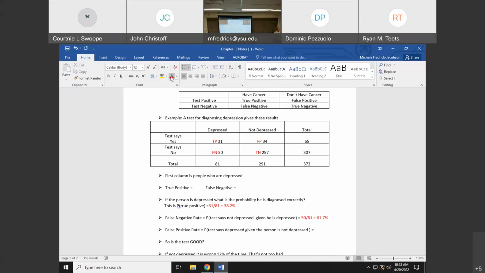Any questions on that? Go ahead and find the false positive rate and the, wait, which one didn't we do? True negative.